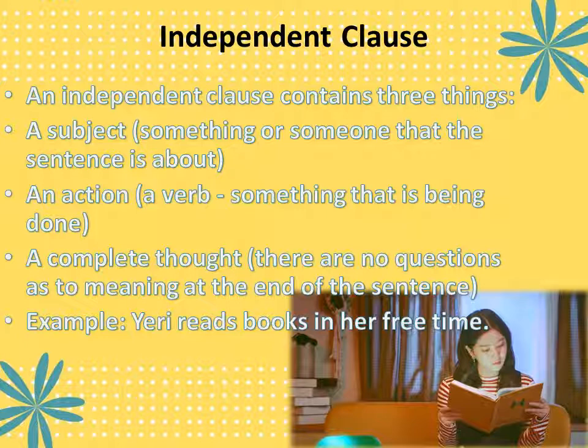One more example. Yeri reads books in her free time. This is already an independent clause. Ini sudah menjadi independent clause. It has the subject Yeri and then the verb reads books. And then it's already a complete thought. Sampai titik itu udah satu kalimat lengkap, satu bagian lengkap lagi. Yeri reads books in her.